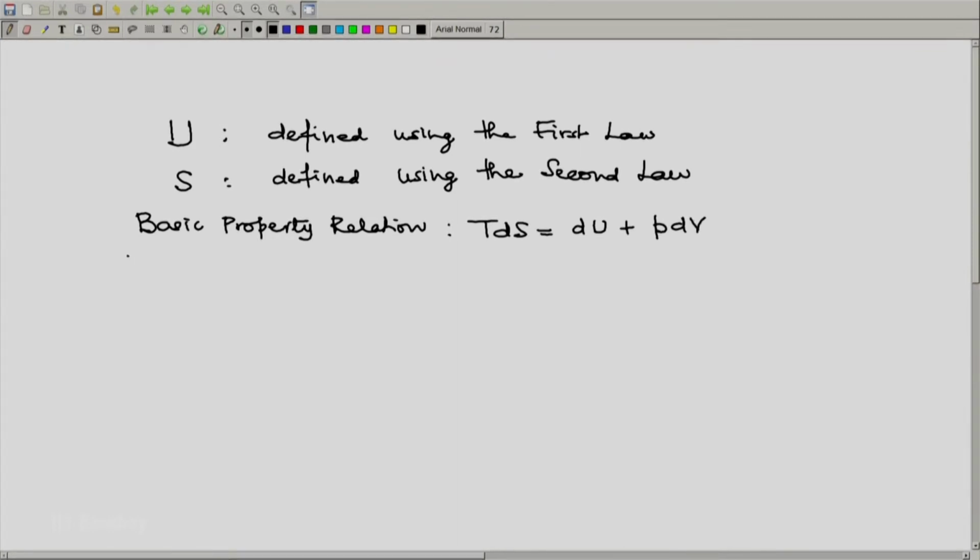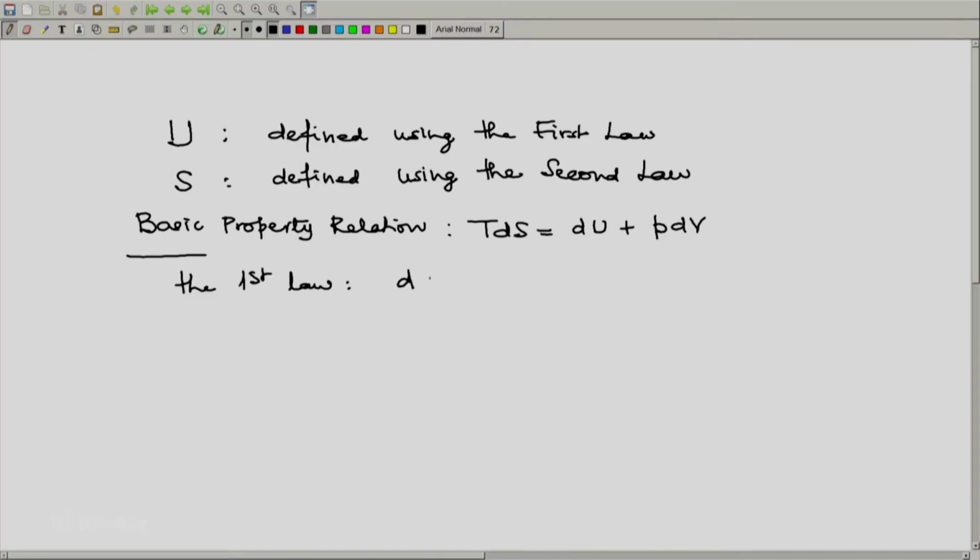And after this we have two laws which bring in interactions, and the first law is in its differential form. Again remember, we are looking at a closed system which is simple compressible and which is at rest.